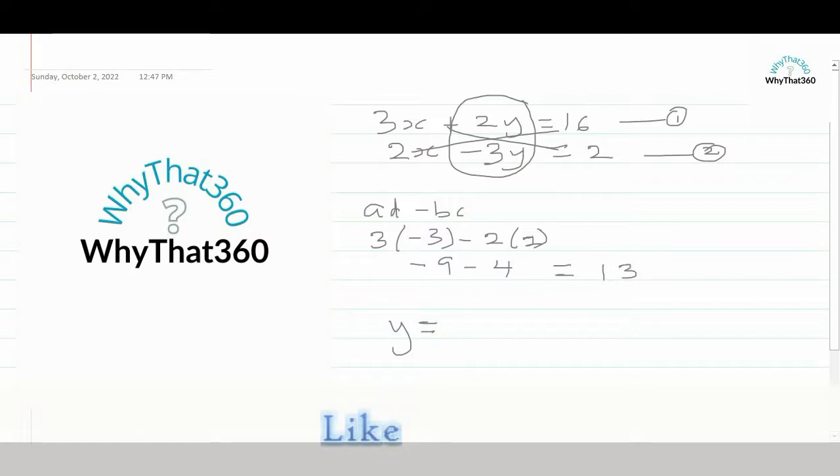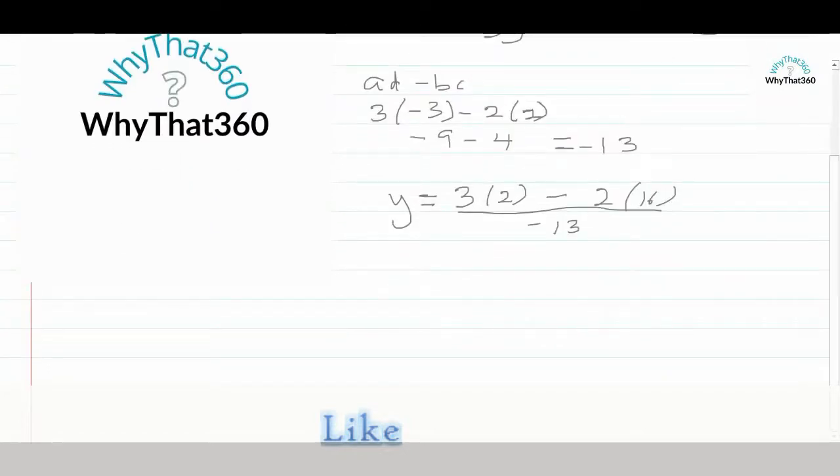So we will say y is equal to 3 times 2 minus 2 times 16. After that, we will divide this whole thing by the determinant, which is negative 13. And then we get y to be 6 minus 2 times 16, which is 32, all divided by negative 13.